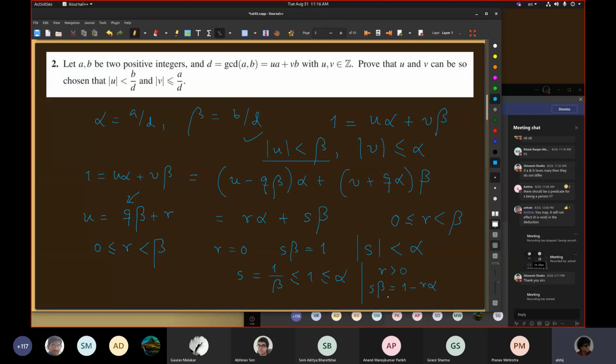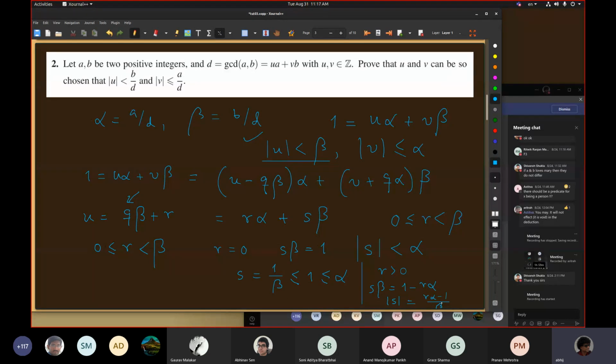Okay. And R is a positive integer, alpha is a positive integer. So the absolute value of S, since S is actually negative, will be R alpha minus 1 by beta. Yes or no? Yes, sir.